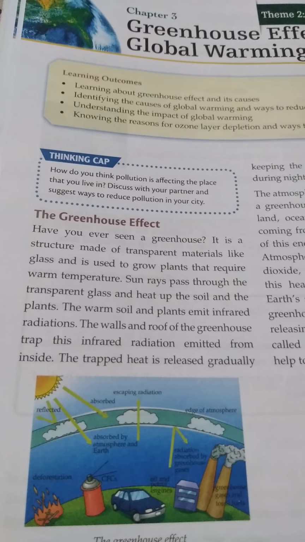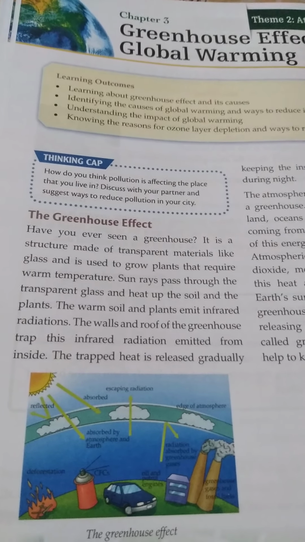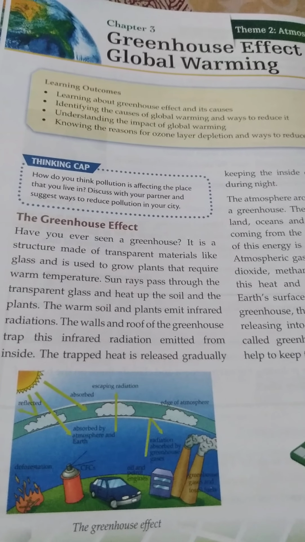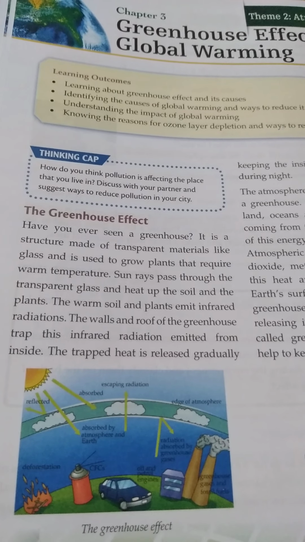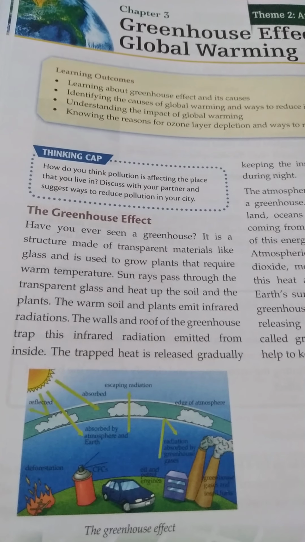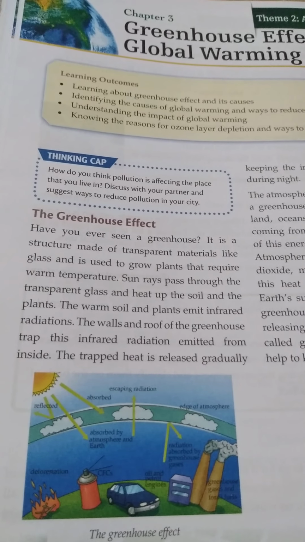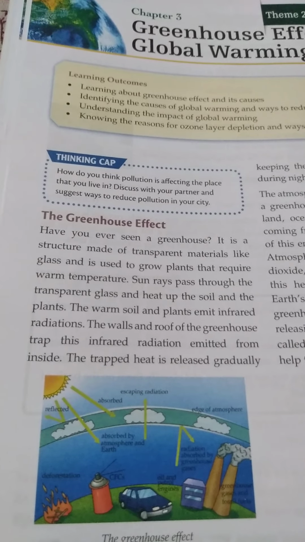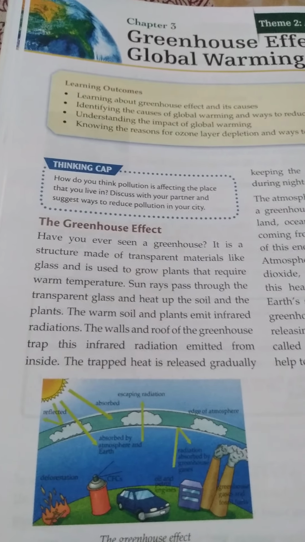Let us begin the third chapter of the subject, that is greenhouse effect and global warming. So, dear students, greenhouse is very much useful for maintaining the atmosphere and the temperature of the earth.